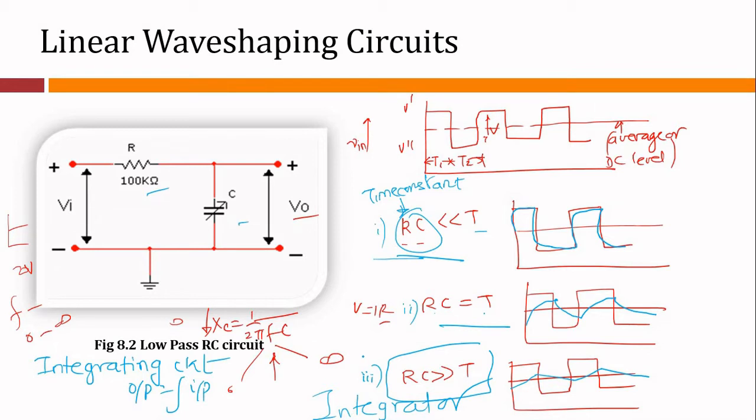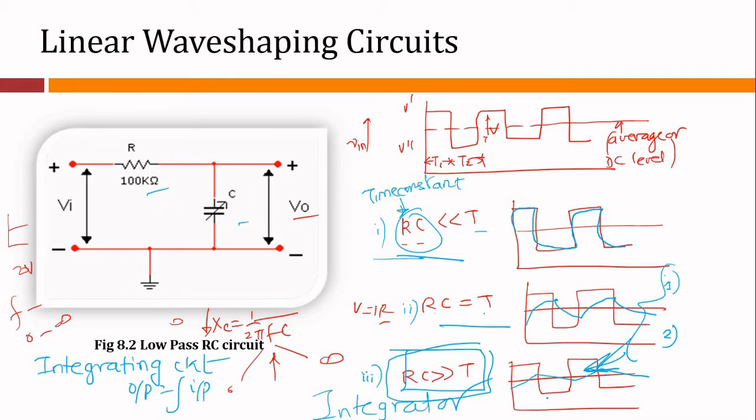Fine. Now the conditions to be fulfilled for making this RC series circuit an integrator: just like in the high pass differentiator we had two conditions, again there are two conditions here. To act as an integrator, the time constant RC of the circuit should be very large as compared to the time period of the input signal. And secondly, the value of R should not be smaller than 10 times the capacitive reactance.